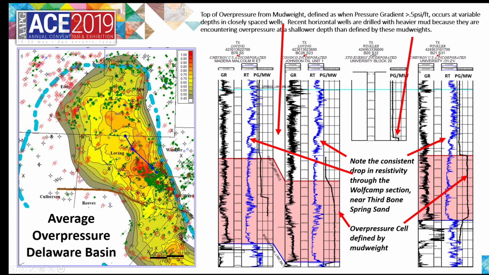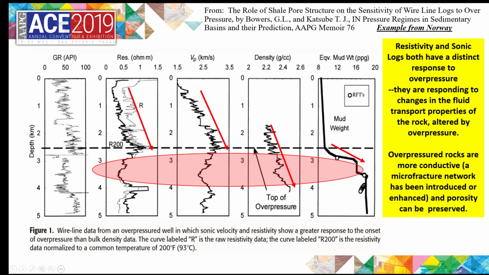So what I'd like to know is, can I use this drop in resistivity and calculate a pressure gradient from that? And lo and behold, lots of other folks have done a bunch of work on this. First of all, this graph is from a paper by Bowers and Katsube, Role of Shale Pore Structure and Sensitivity of Wireline Logs to Overpressure.